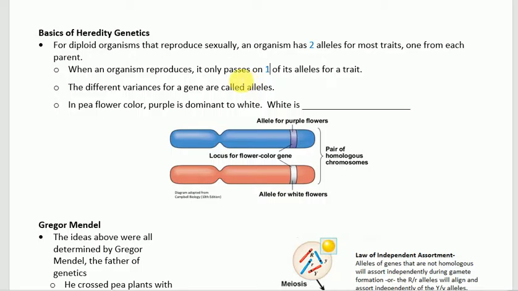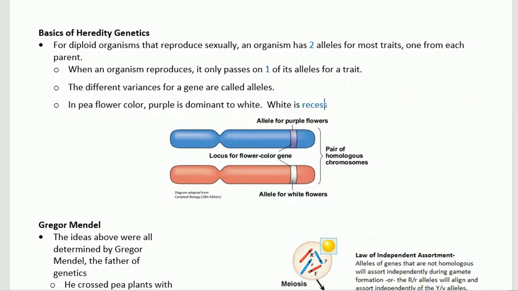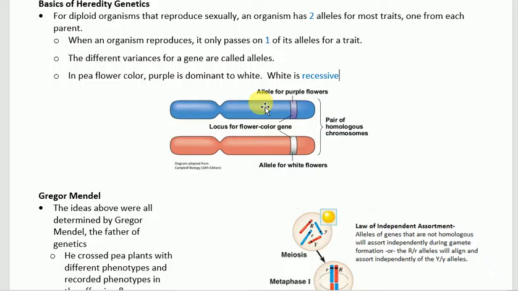For instance, in pea flower color, purple is going to be dominant to white. Since purple is dominant, that means that white is recessive. Here you can see that we have the chromosomes, and here are the alleles for the color of the flower. You can see that we've got purple and we've got white.